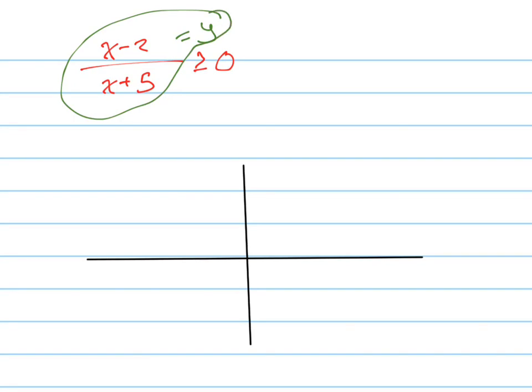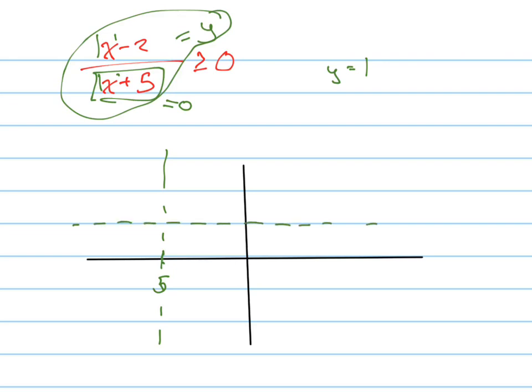Where the denominator equals 0 gives my vertical asymptote, and that happens at negative 5. The horizontal asymptote, since the degrees are the same, both degree 1, is the ratio of leading coefficients, 1 over 1. So y equals 1 is my horizontal asymptote.